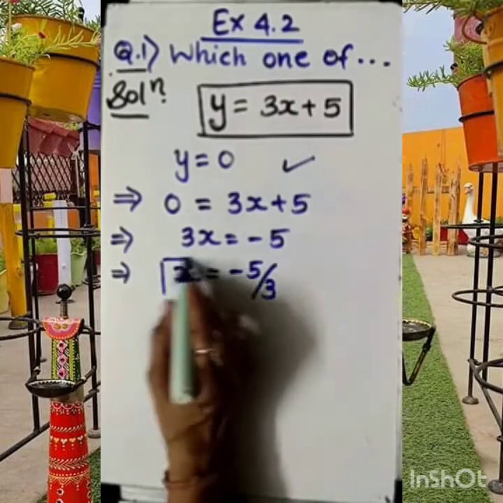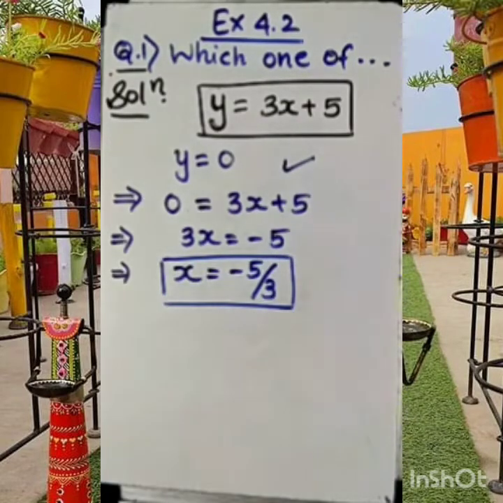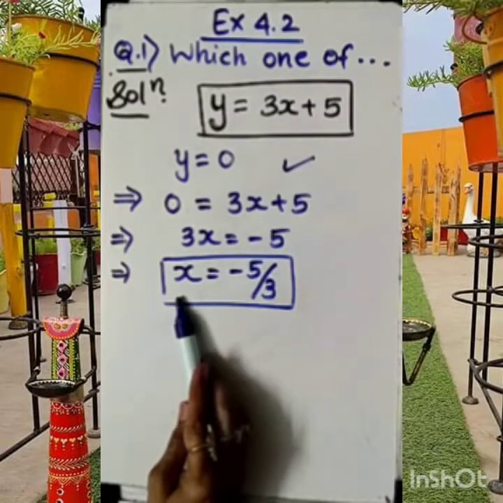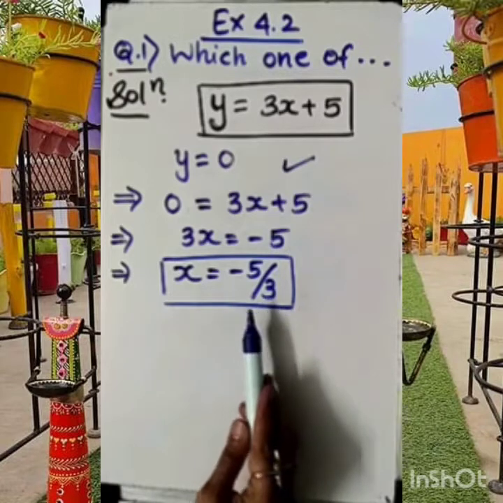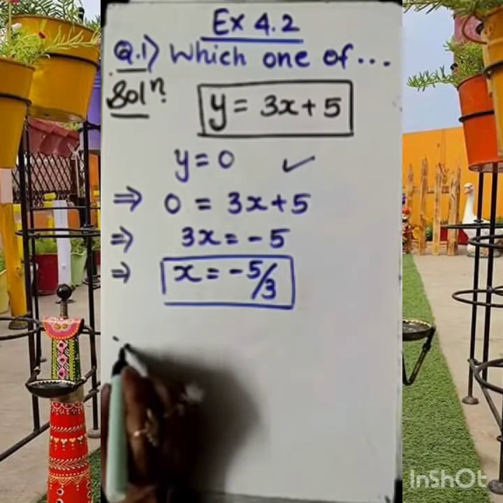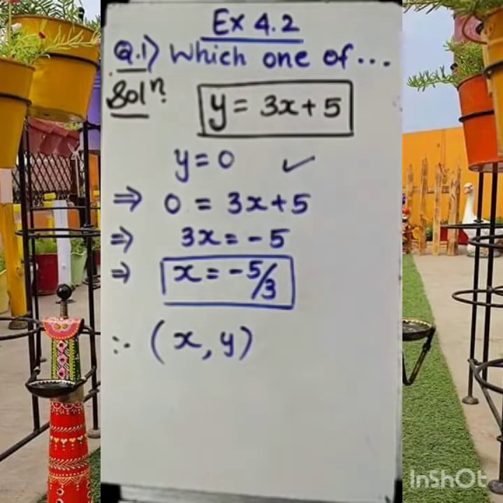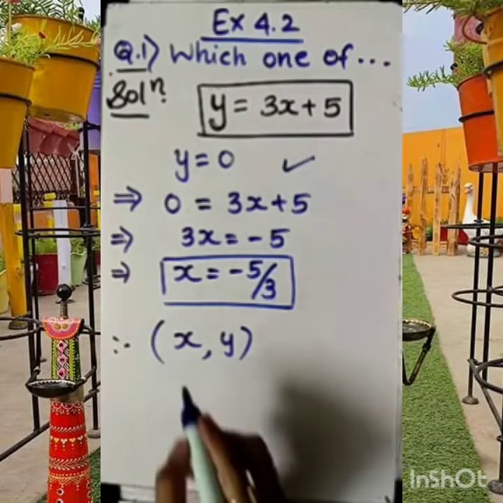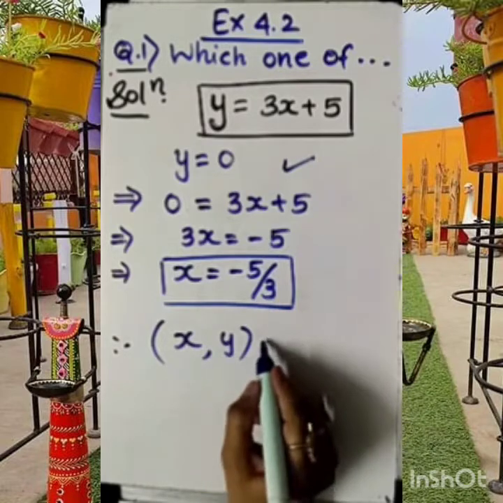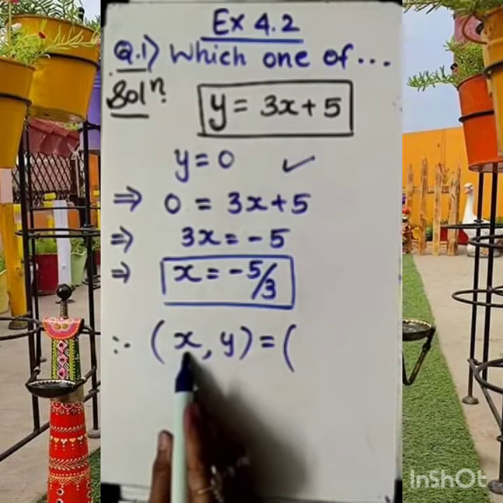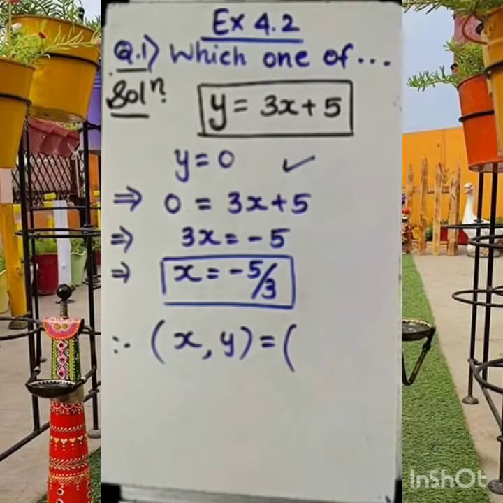This we have already studied in class 8, how to find the value of an unknown variable with one variable. Here we have the value of x as minus 5 by 3. As we know, we can write coordinates in x comma y form. What value did we get for x?